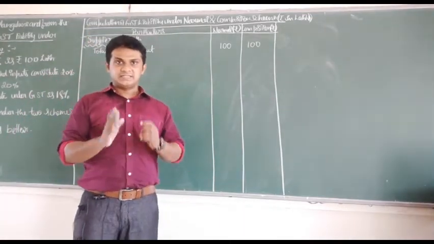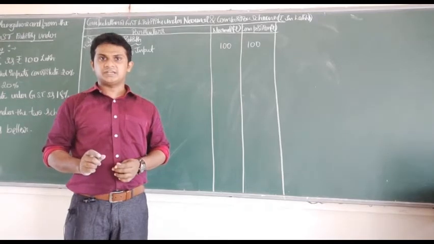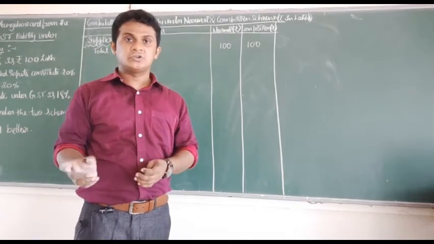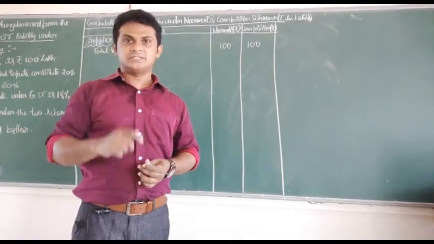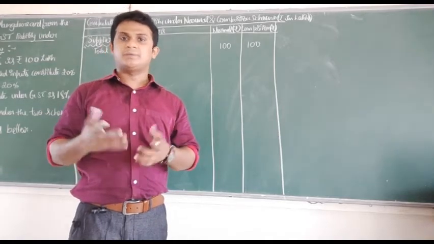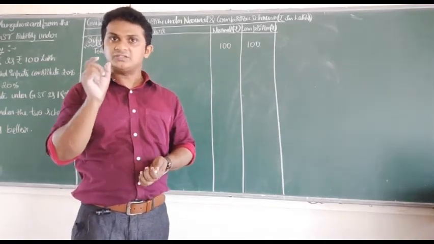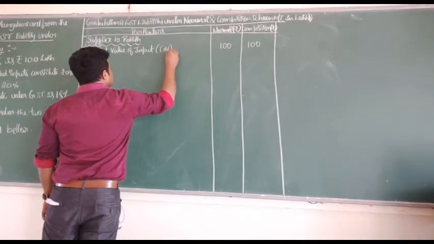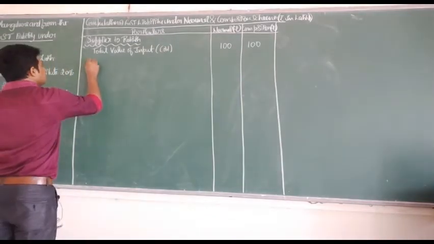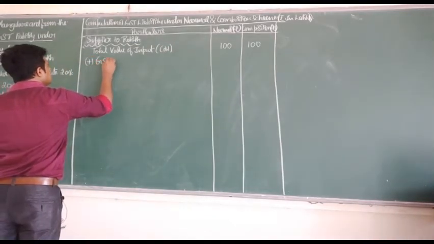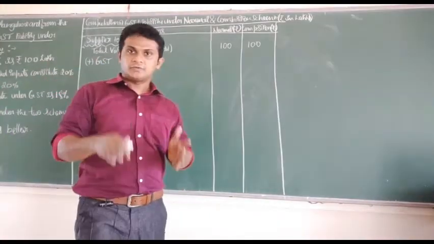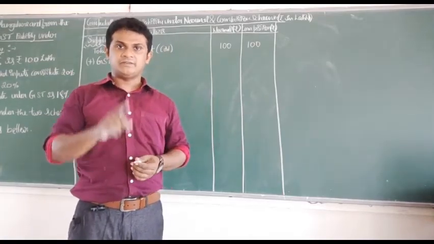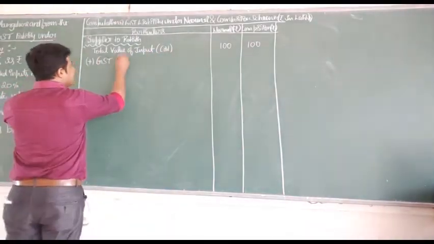But in the question, they said the value of inputs which they have given includes nil rated and exempted supply. On nil rated supply, 0% tax is charged, whereas on exempted supply no tax is charged. So to charge GST on the total value of input, which is the cost actually, from the total value of input we have to exclude nil rated and exempted supply, which is 20%. I'll do that first and then we will charge.